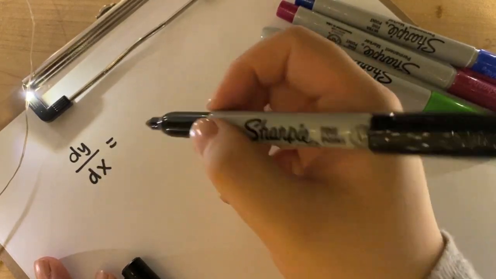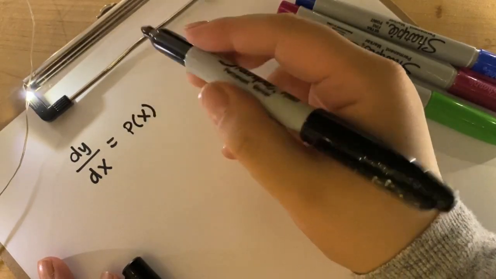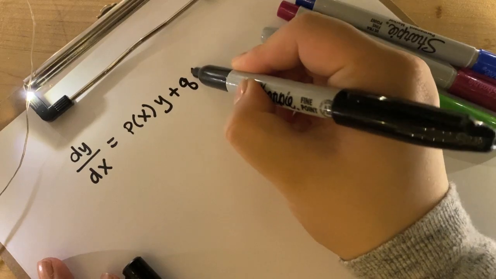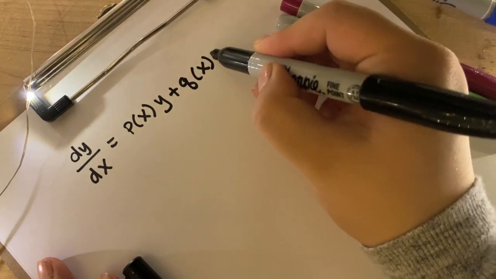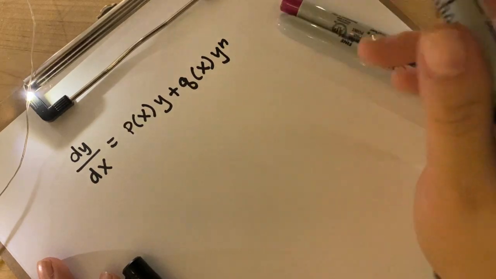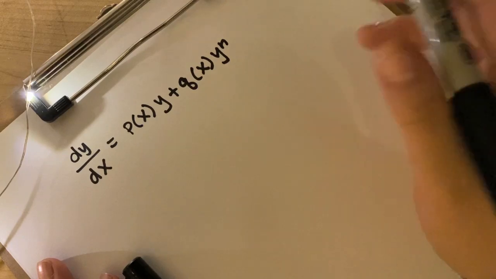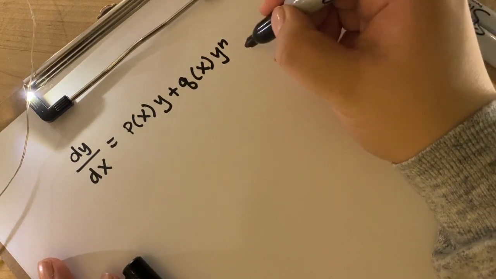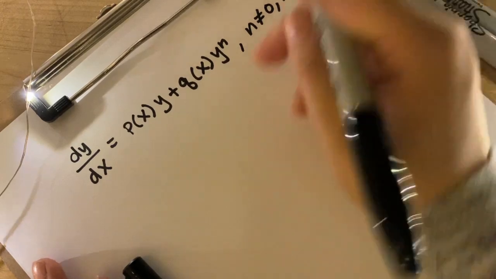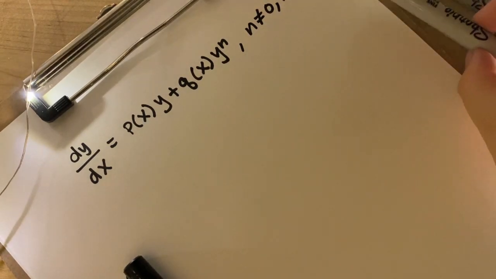If we have dy dx equals p of x times y plus q of x times y to the n, where n is any number as long as it's not 0 or 1, then this entire thing is called a Bernoulli equation.